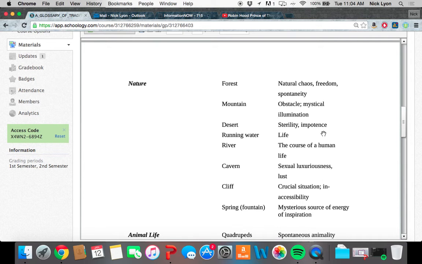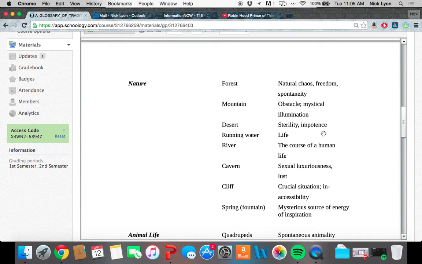Nature, running water, what does running water represent there? It represents life. Same thing with the river, the course of a human life. Water is a very interesting symbol because there are so many different symbols with it. You have the idea of birth, rebirth even, with the idea of baptism.